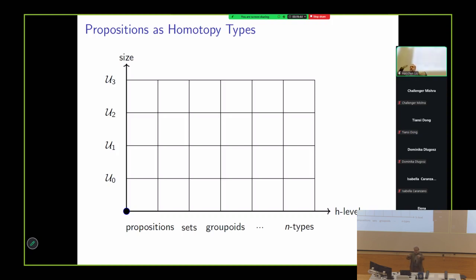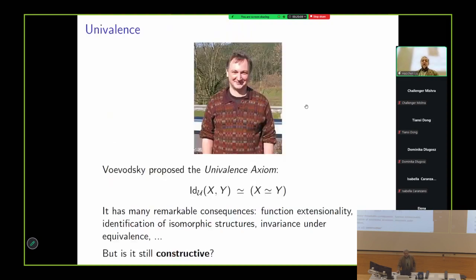You have a set, the discrete elements, and the discrete elements are either equal or not, yes or no. And then the next level, the groupoids, where you may have two elements and they may have many different equalities or identifications between them. But those may be equal or not, yes or no, and so on up. So you have all the different levels there. That's a very insightful and useful idea. That's what was introduced by Voevodsky.